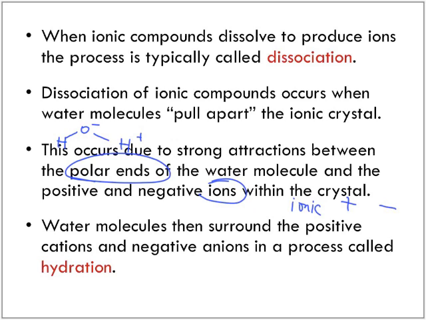But it doesn't surround them in the same way. The oxygen part, because it's slightly negative, is attracted to the positive cations. The positively charged hydrogens are attracted to the negatively charged anions of your ionic crystals.